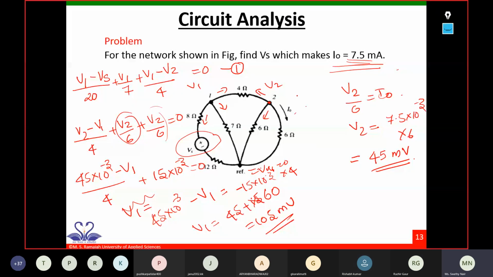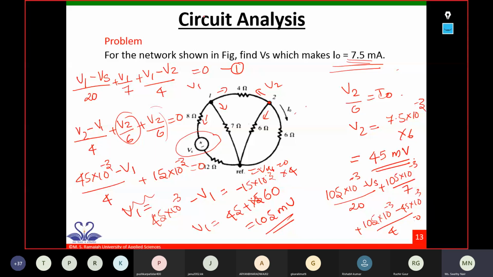Now substitute the value of V1 and V2 in this equation so that only Vs will be left. Find out Vs. So 105 into 10 raised to minus 3 minus Vs divided by 20 plus 105 into 10 raised to minus 3 by 7 plus 105 into 10 raised to minus 3 minus 45 into 10 raised to minus 3 divided by 4 equal to 0.